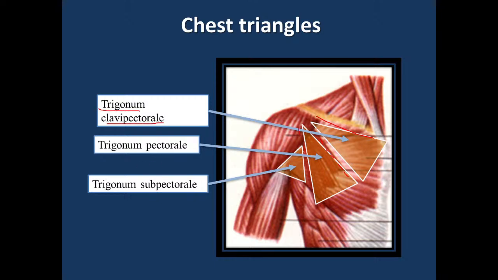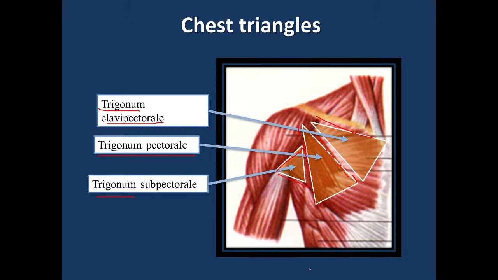In projection of the pectoral minor muscle, we see trigonum pectorale, and trigonum means triangle in Latin, and also the subpectoral triangle or trigonum subpectorale between the lower border of the pectoral major muscle and lower border of pectoral minor muscle.